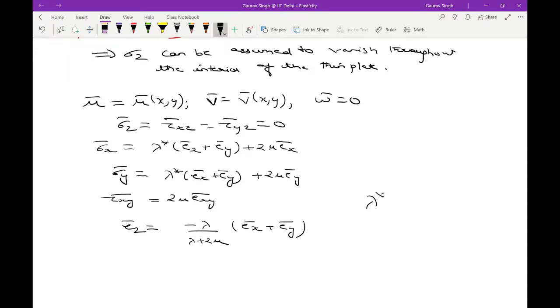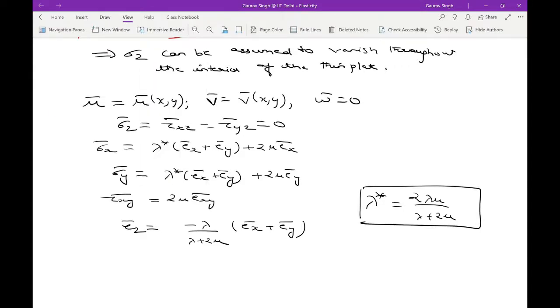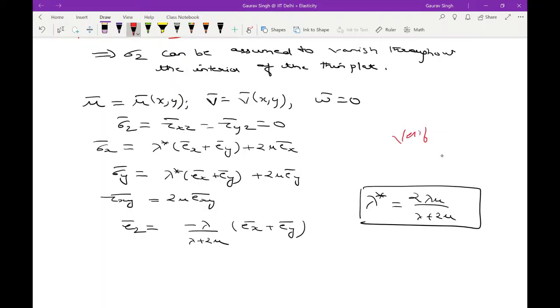So lambda star over here would be 2 lambda mu by lambda plus 2 mu. You should verify all these expressions.